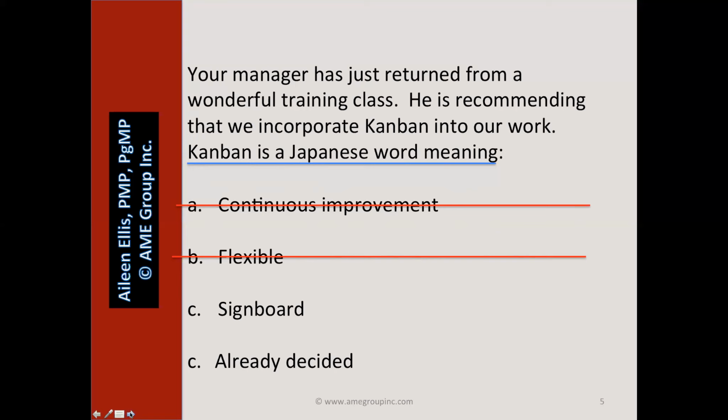Some people might say I use a card system. D, already decided that would be wrong. I relate this to the French phrase, fait accompli, which is a French phrase that we might use in the negotiating area related to questions on the PMP exam. Therefore, signboard is the best answer here.